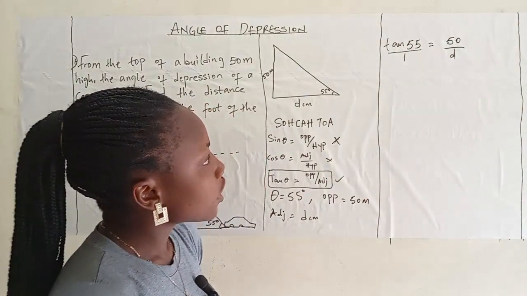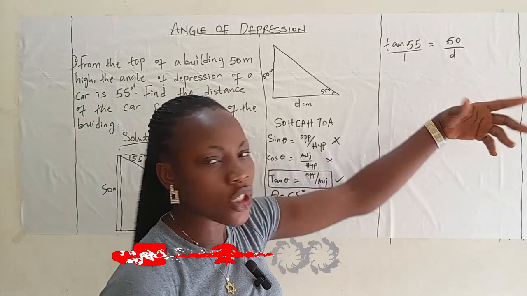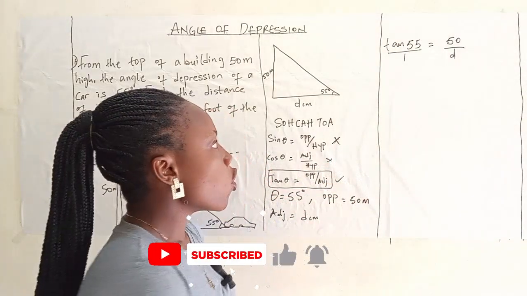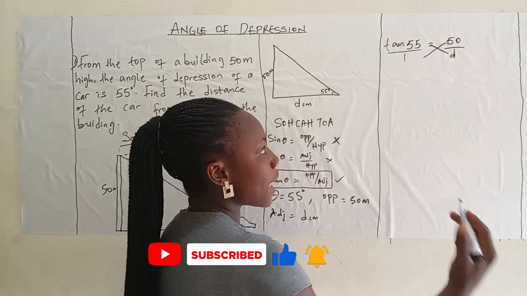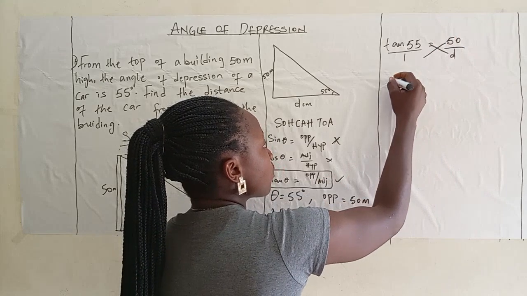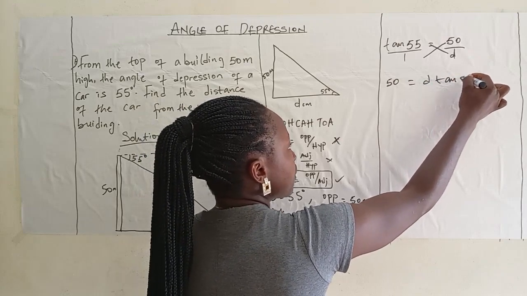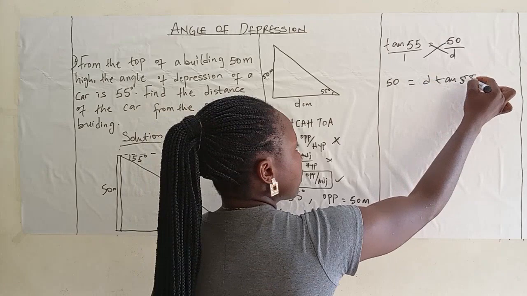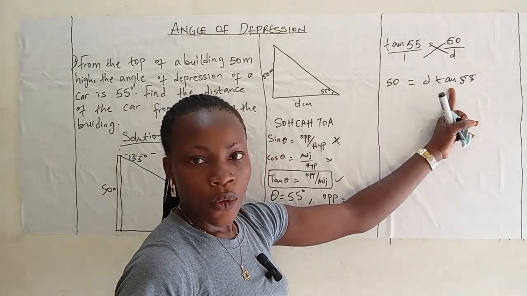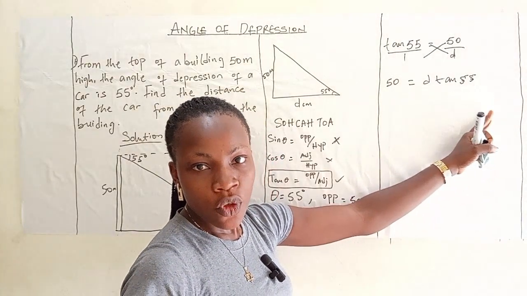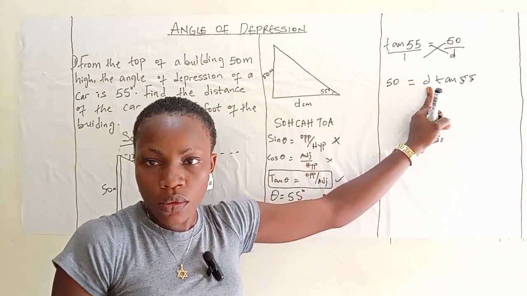So, at this point, for us to make D the subject of our formula, we are going to cross multiply. 50 times 1 equals D tan 55. Alright, so here we are dividing both sides by tan 55 so that D will stand on its own.